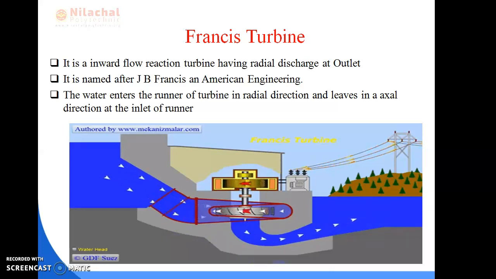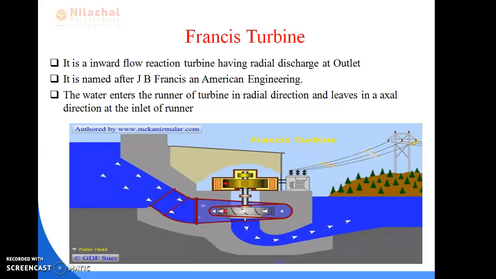The main function of the guide blade mechanism is to direct the flow of water onto the moving blades in such a way that the flow does not cause any shock in the blades of the turbine.